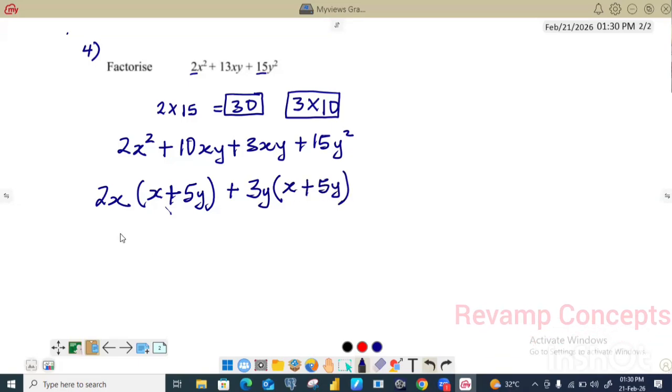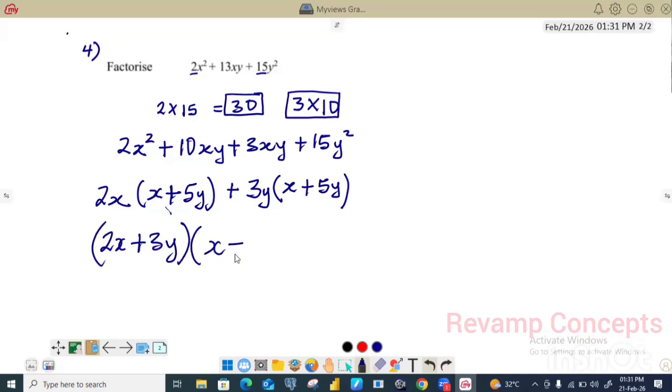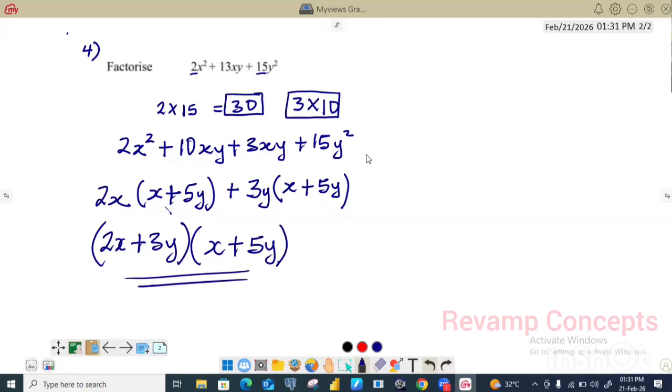Since we have x plus 5y and x plus 5y in the two brackets, we are going for just one of them. So we are going to have 2x plus 3y into bracket x plus 5y, and this is the answer for the factorization of 2x squared plus 13xy plus 15y squared.